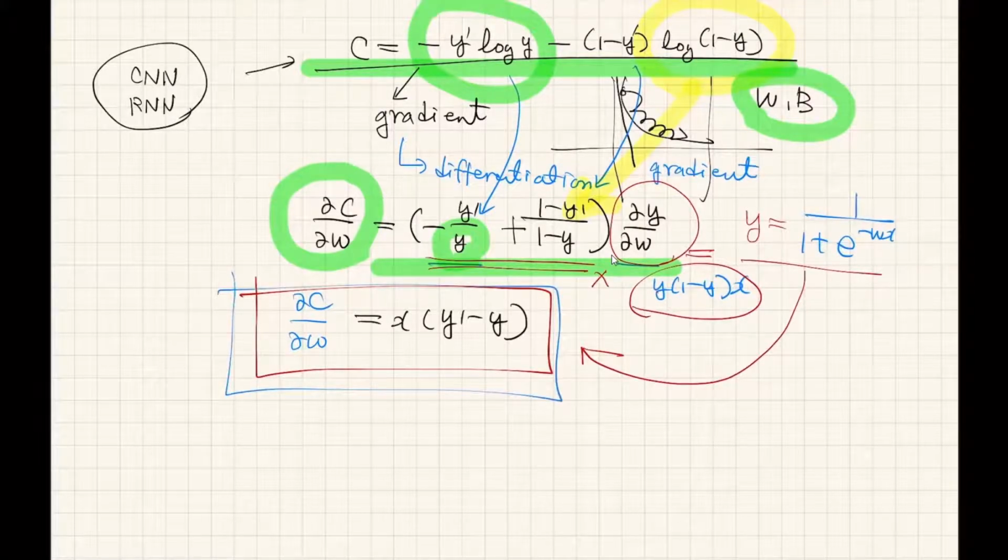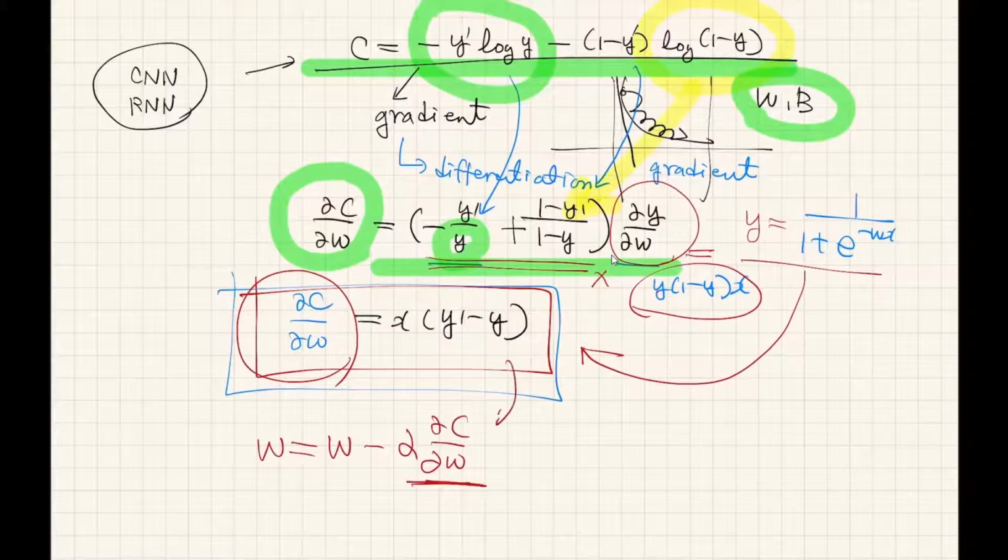That means the gradient of the cost function with respect to W is actually the slope, as you know from the update function. This term is proportional to y' minus y. So if you have a large difference, let's assume y' is large, the slope will be large.